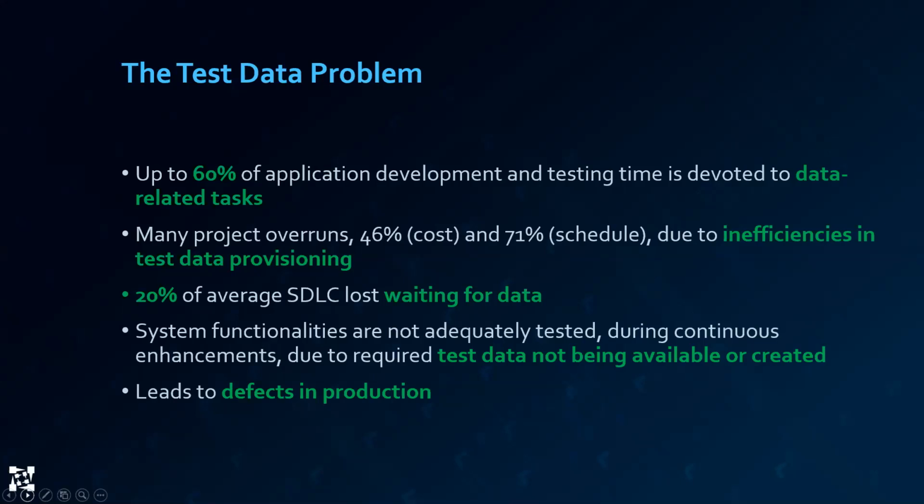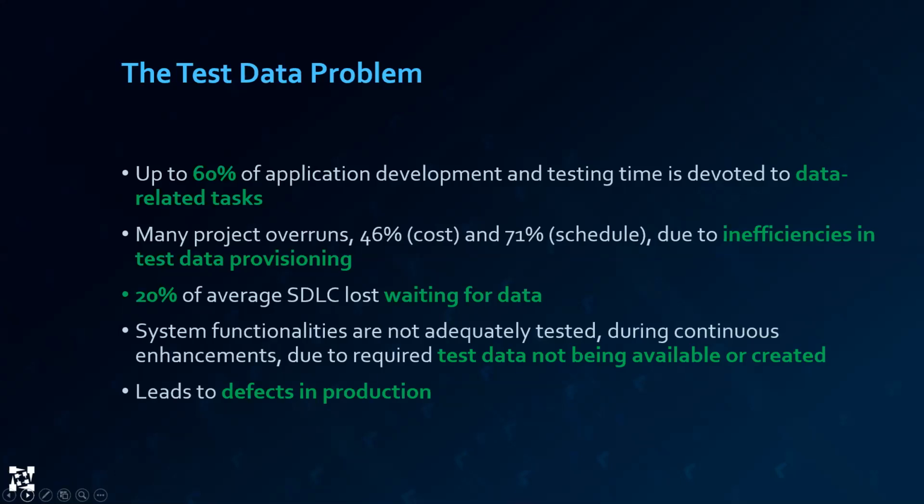Because we can't just reuse that, finding the right data and sanitizing the right data costs a lot of time and a lot of effort, and what it ultimately leads to is defects in production because we're not thoroughly testing our application, either because we can't, because we don't have the data that we need, or because it just takes too long and we're under business pressures to release something and it's like, well, we've tested it, we just haven't run through all of the scenarios.